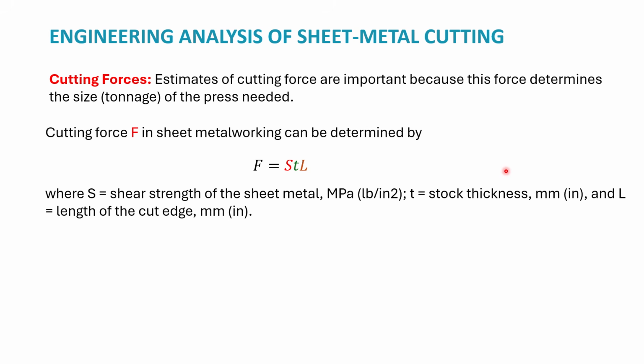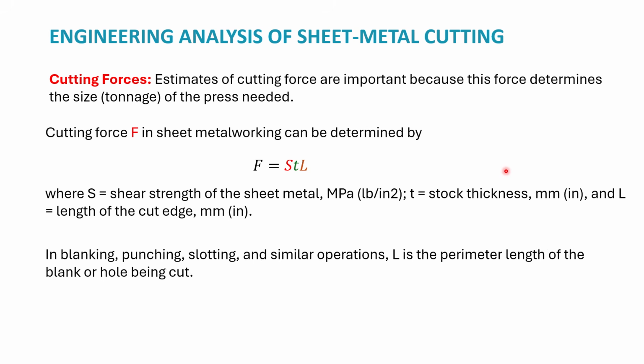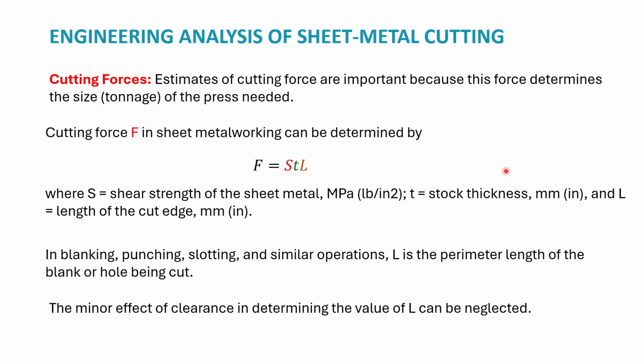So the harder the material is, the more force is required. T is the thickness of the stock in millimeters, and L is the length of the cutting edge in millimeters. In blanking, punching, slotting, and similar operations, L is the perimeter length of the blank or hole to be cut. The minor effect of the clearance in determining the value of L can simply be neglected.